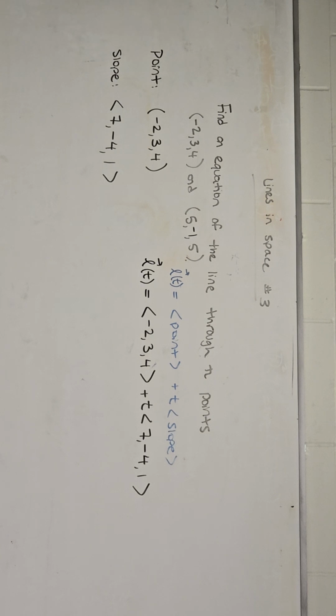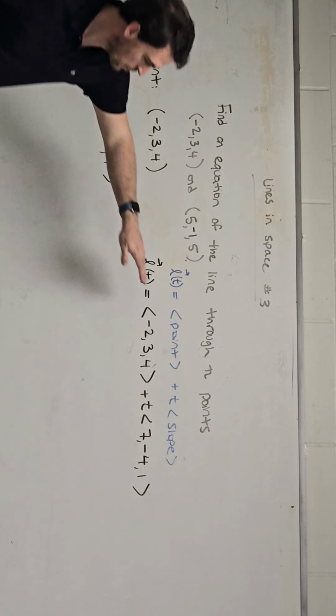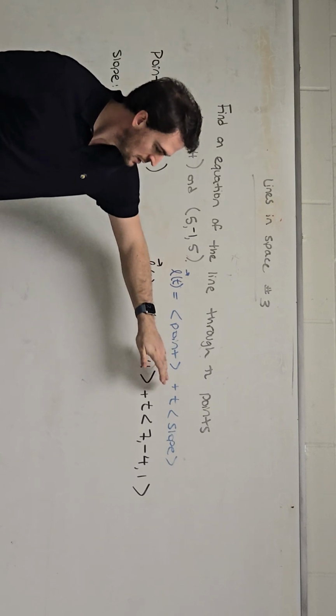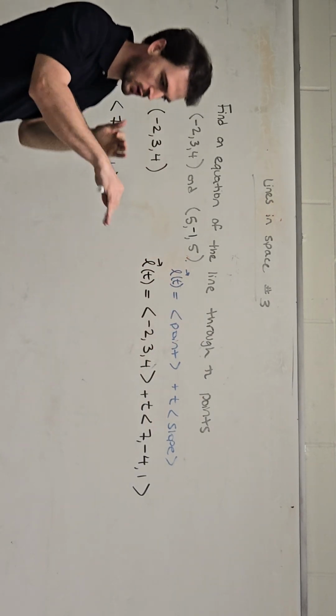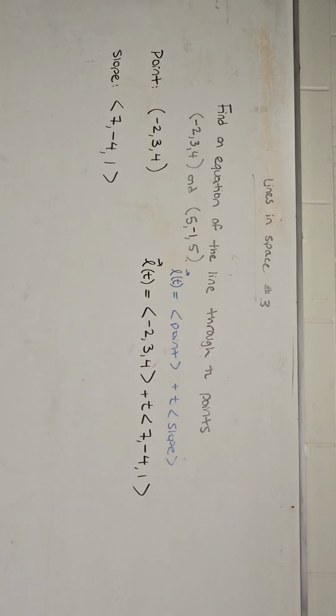So just to remind us from last time, we said the equation of our line is going to be the point as a vector plus t, which is our parameter, times the slope of the direction vector. Questions so far?